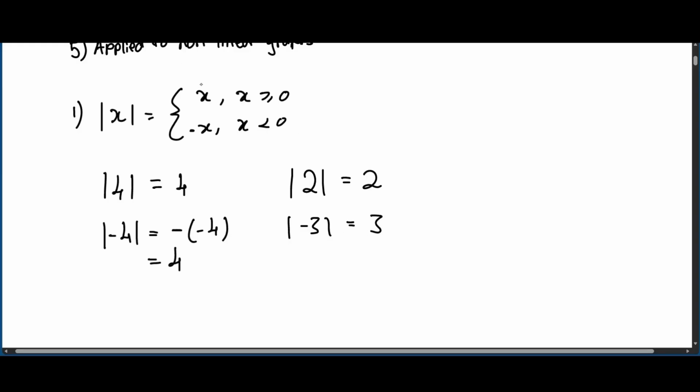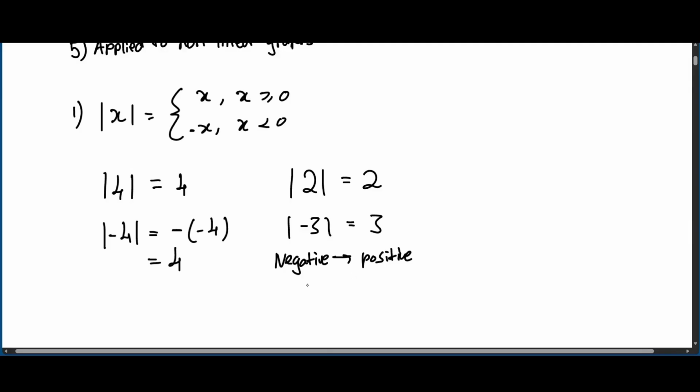So this is just how you write it out in a mathematical way. You see, this is how you define an absolute value function. Remember, absolute value turns negative into positive, to put it simply.